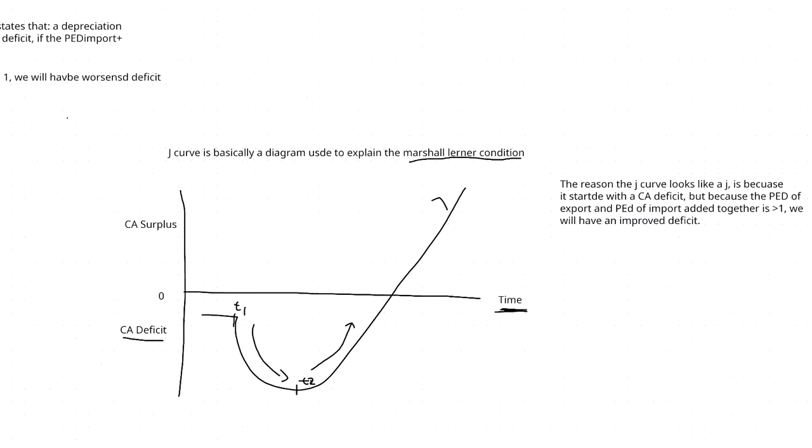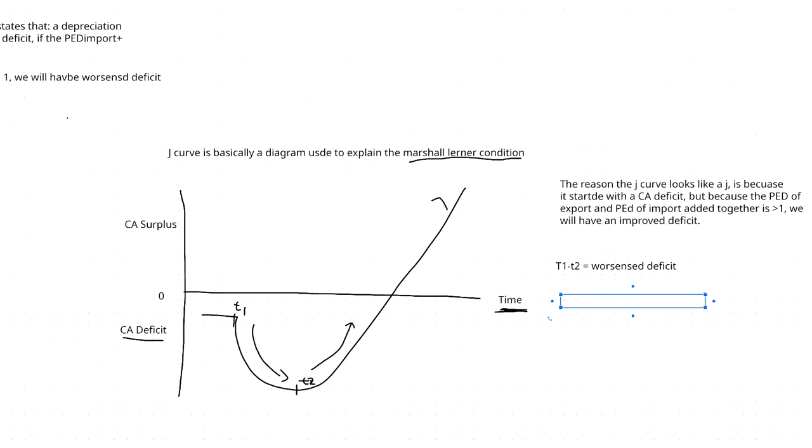Why is that? Okay, so let me write that down. T1 to T2, we have a worsened deficit, but then eventually after T2, we have an improved deficit.